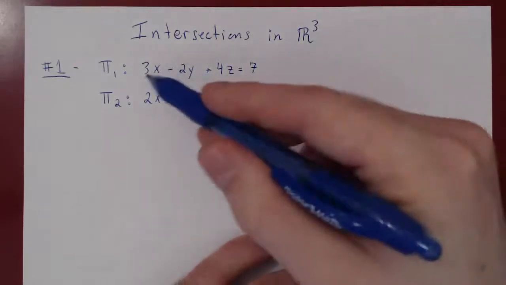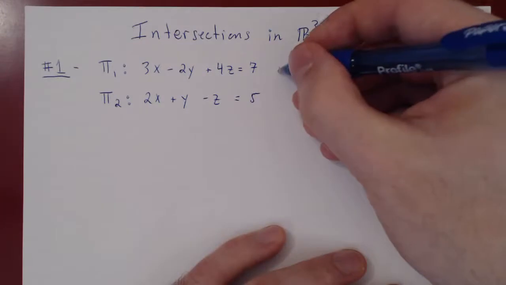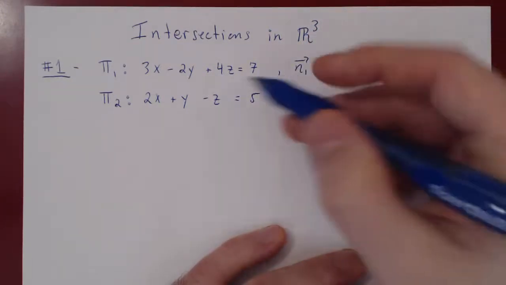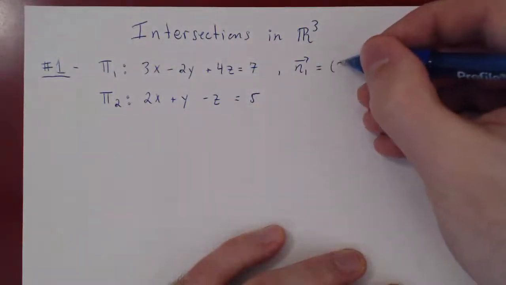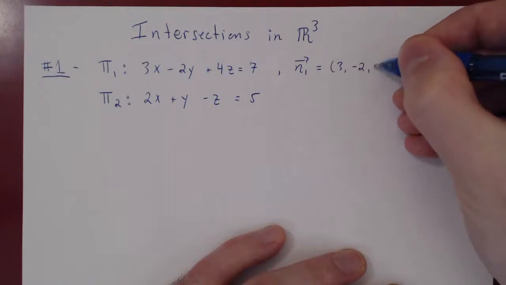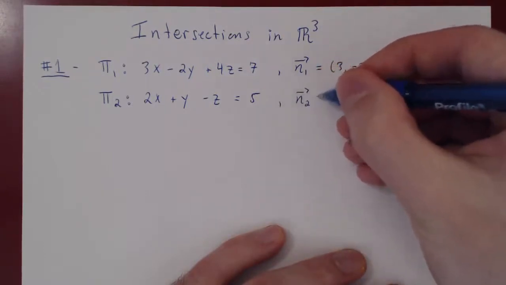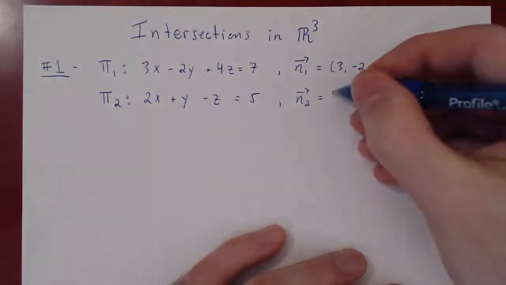As always, whenever you have a plane, it's good to write down explicitly its normal vector. So n1 is the normal vector of the first plane, given by the coordinates 3, negative 2, 4. And n2, the normal to the second plane, where the coordinates are 2, 1, negative 1.